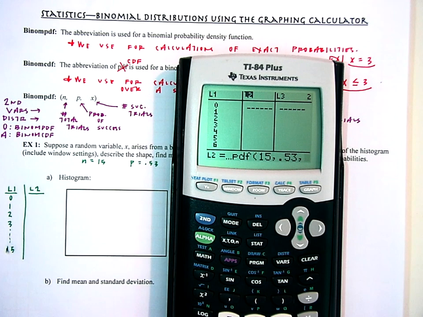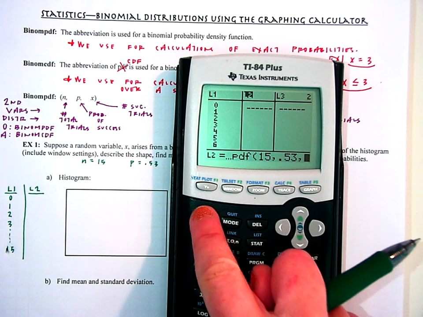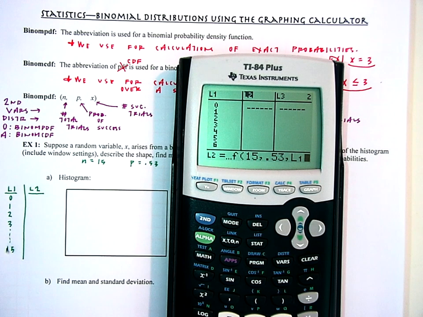And then I want to let it know to look at the L1, because the L1 is where I have all of my possible random variables, all the possible counts of success, 0 through 15. So second 1, just like that, there's my L1. So again, I have Binomial PDF, the N value, the P value, and the X value, which is all the way over in my L1.